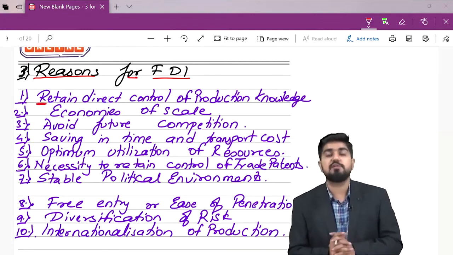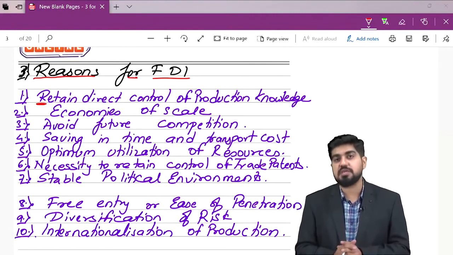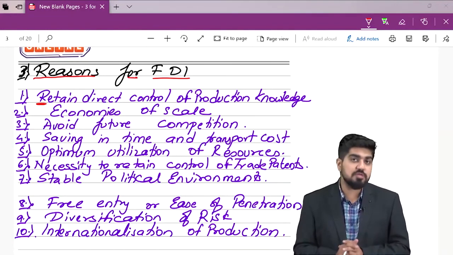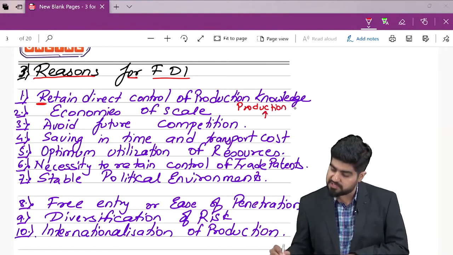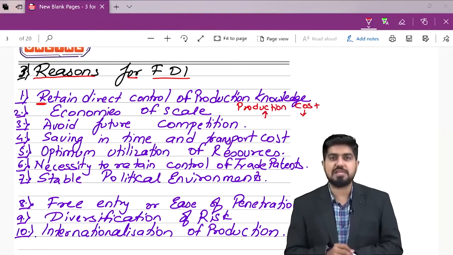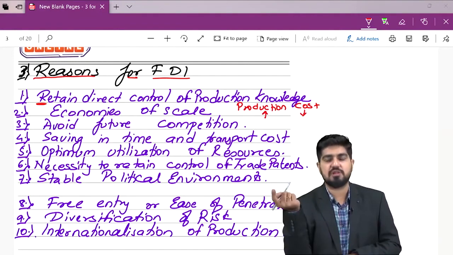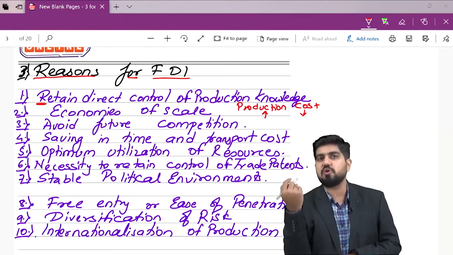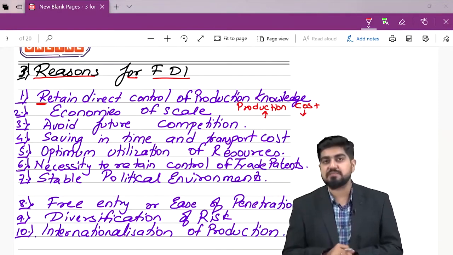Next one, we will be achieving economies of scale. What do you mean by economies of scale? Economies of scale means our production will increase and our cost of production will decrease. See, if you produce only in one country and supply in the entire world, unnecessary your cost will go on increasing, as well as you won't be able to reach out to masses.